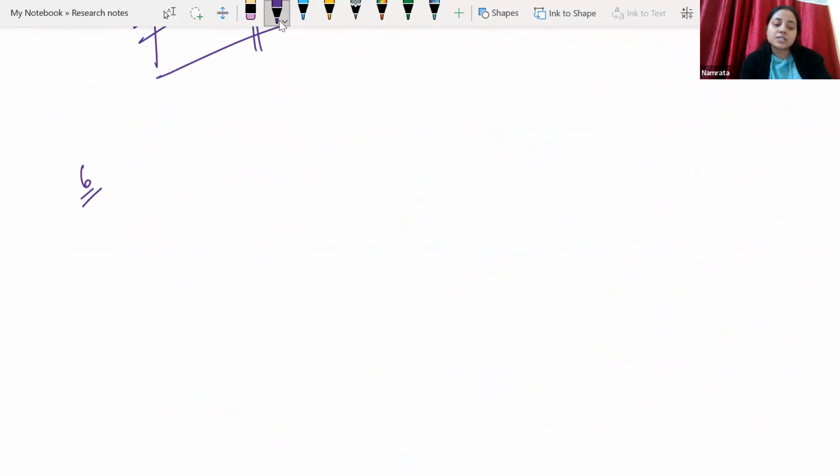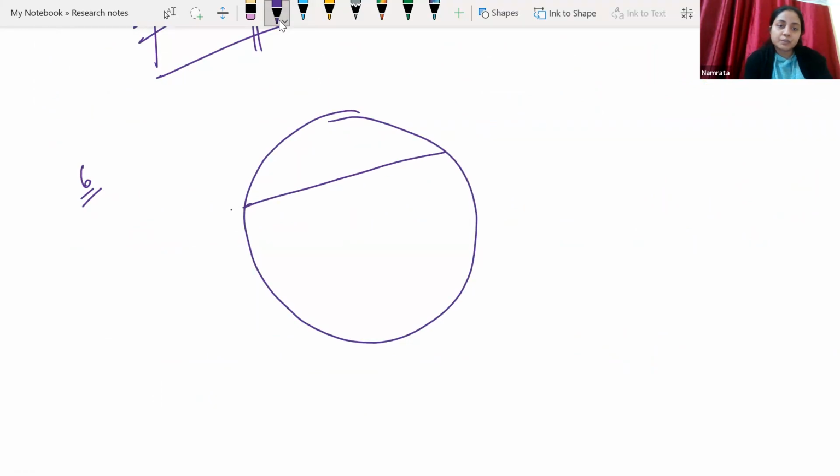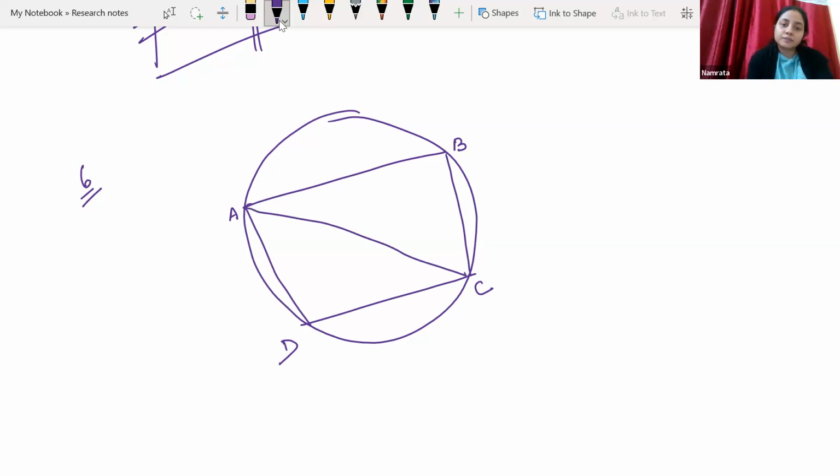ABCD is a cyclic quadrilateral. I am not saying it, it's written in the question. ABCD is a cyclic quadrilateral whose diagonals intersect at a point E.